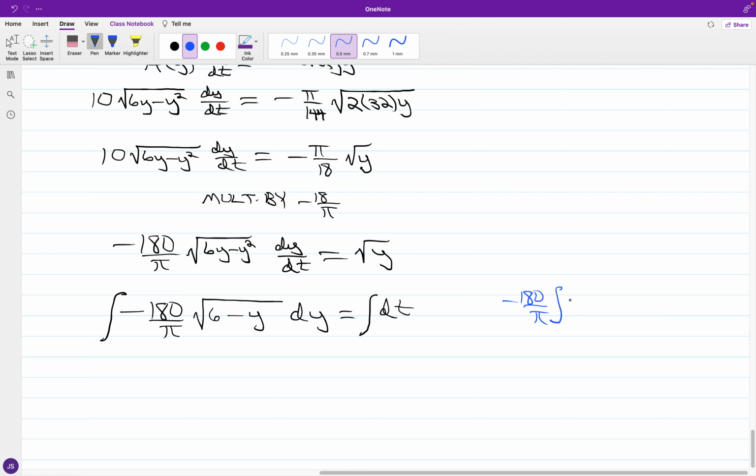Now for the square root of 6 minus y, we can write this as 6 minus y to the 1/2. And be careful with the signs. If I were to utilize u substitution, we have that u is equal to 6 minus y, and du is equal to negative dy, or dy is equal to negative du.